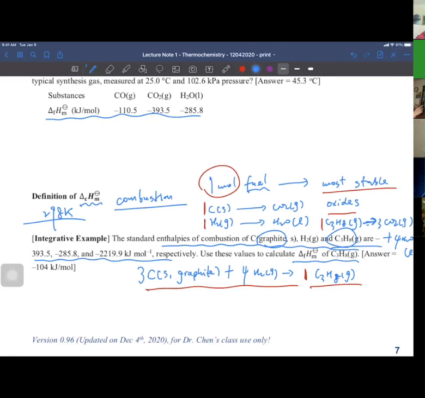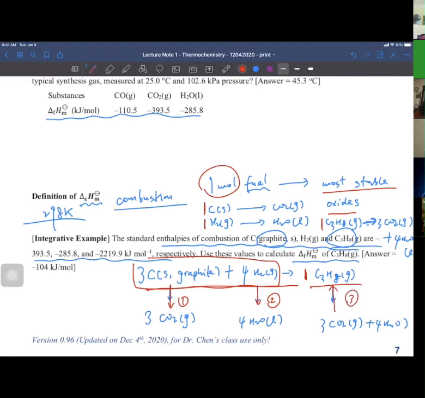So we try to make a loop, a cycle, because if we combust this into carbon dioxide, we combust this into water, and we combust this into carbon dioxide and water. Which means if this is our initial state, it will be made by reaction 1, reaction 2, and reaction 3, right?